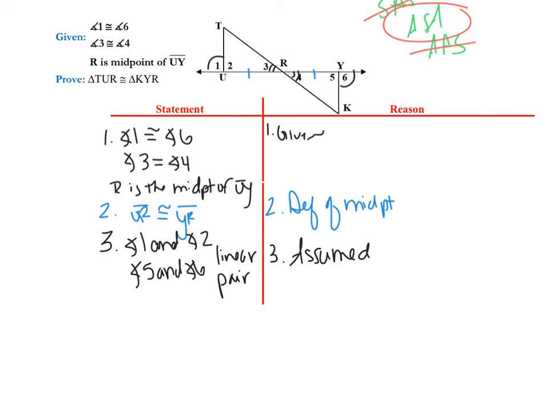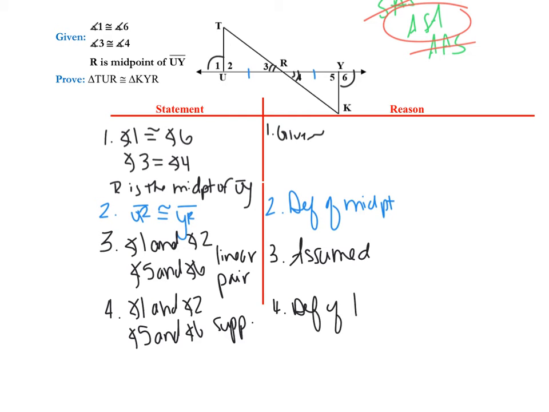And because of that, we know that angle 1 and angle 2, as well as angle 5 and angle 6, are supplementary. And for here, I can just write definition of linear pair. I don't need to write out that if angles form a linear pair, then they are supplementary.